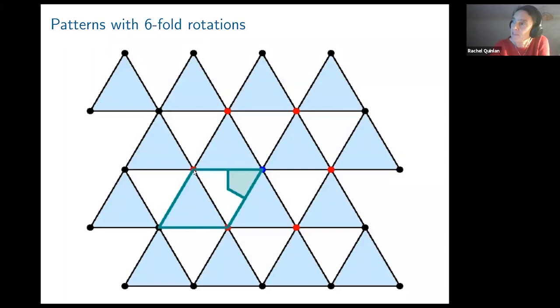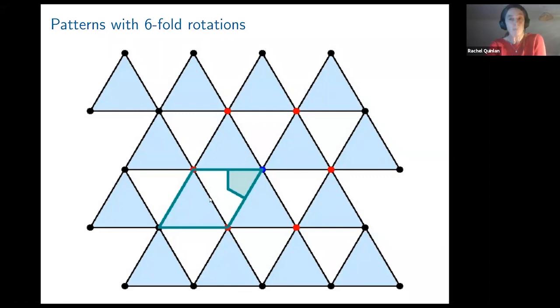So if, for example, this vertical line is a line of reflection in the pattern, so that would be saying that this blue triangular tile has an axis of reflectional symmetry here, then it will also be true from composition of that reflection with all the rotations that all the other medians of every triangle will also be lines of reflectional symmetry, and also the boundaries between adjacent triangles. So it could be that we have all those reflections, or it could be that we don't have any of them, and we just have the rotations.